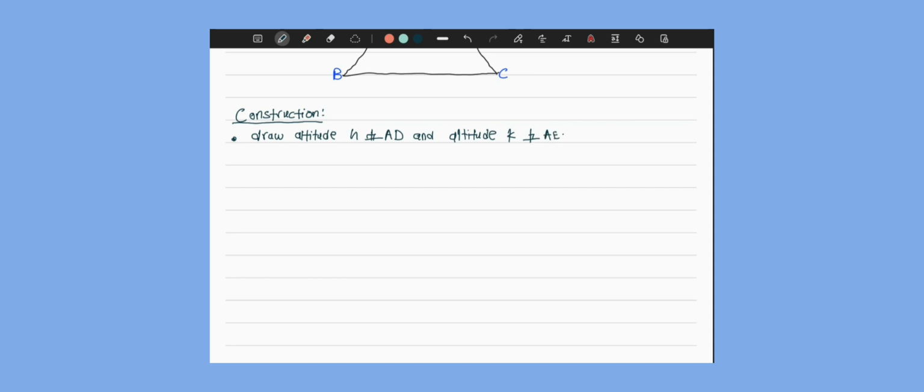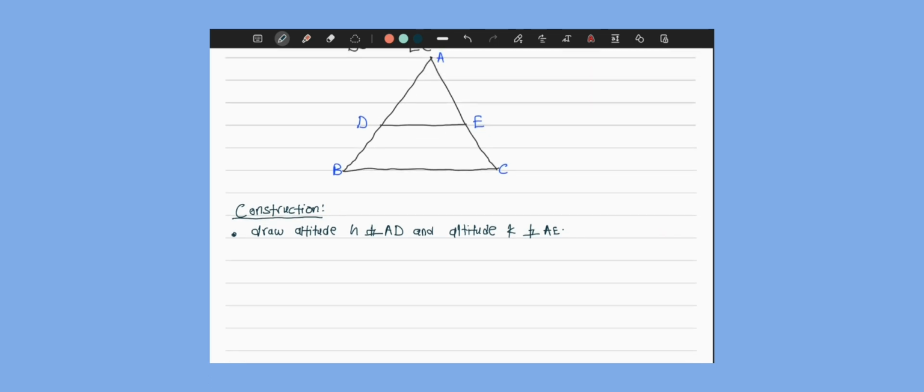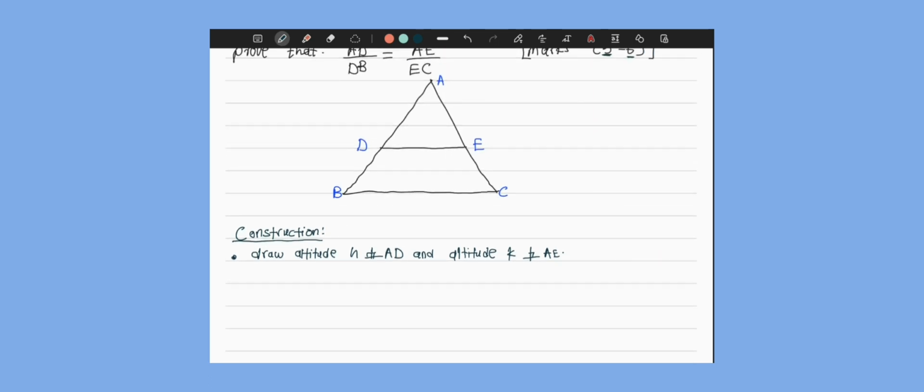Sorry about my handwriting. You need to do the construction. This must be the first point on your construction. Whatever you're constructing here, you need to go and apply it on your given triangle.